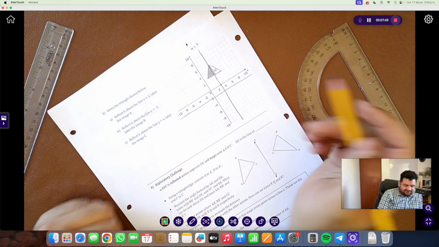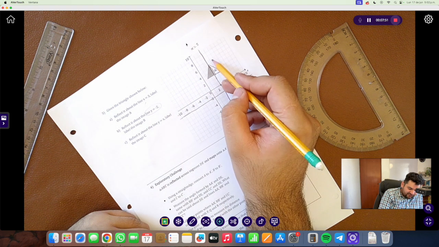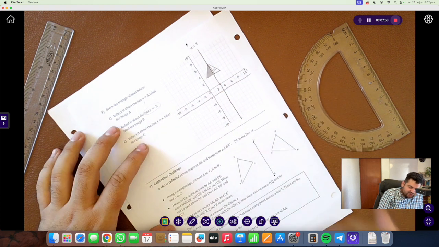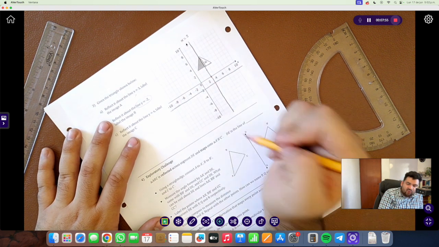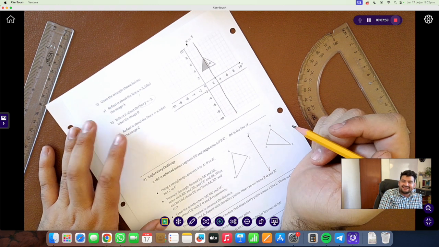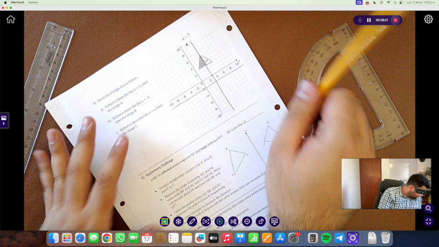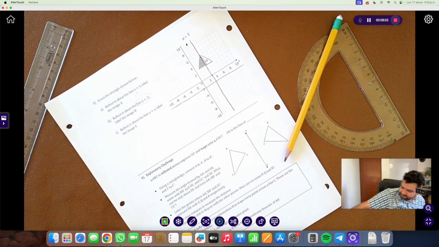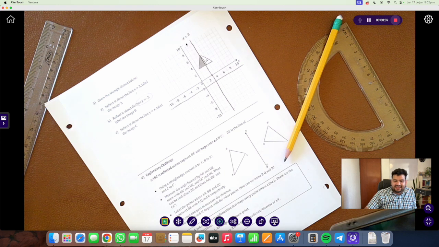It is like flipped. Okay, now we're gonna reflect over this line. So how do we do this? You need to take into consideration the distance from the point to the line.